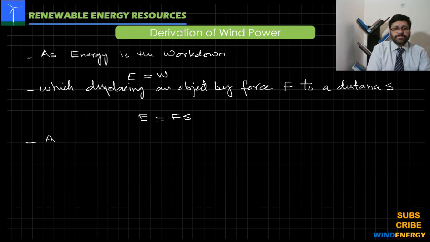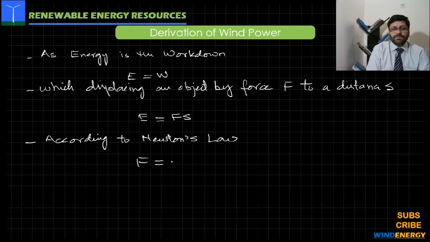Now, according to Newton's law, F is equal to ma. So we can write this expression as E is equal to mas. Now let's say this is our equation 1.